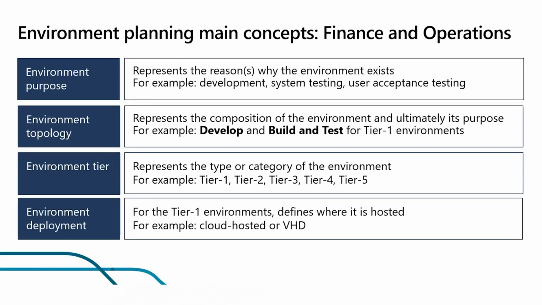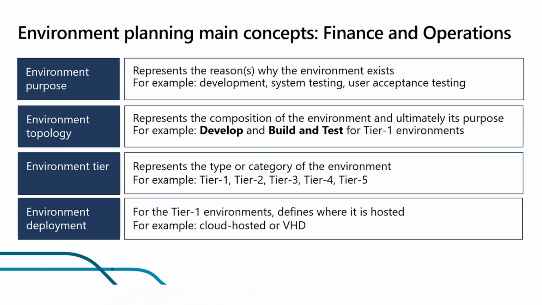So let's begin with major concepts related to environment planning. Environments exist for a certain purpose. The major reasons why an environment exists would be for development purposes, or system testing purposes, or user acceptance testing purposes.